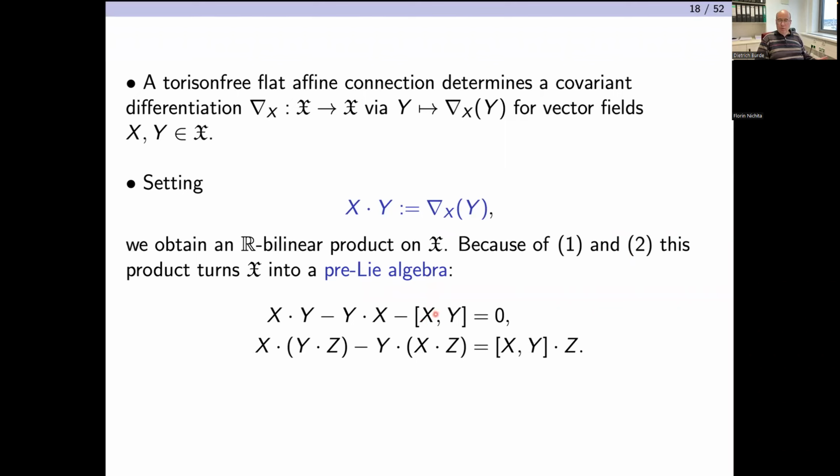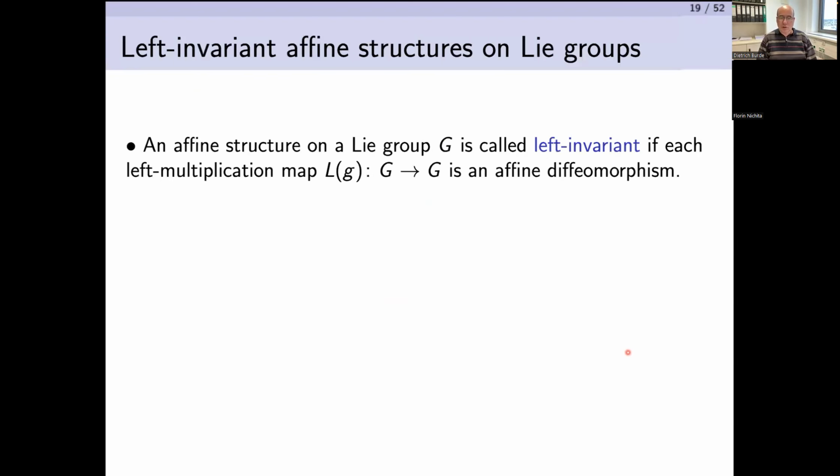And if you remember, these were exactly the two identities. So somehow this is a very natural construction from this kind of manifolds where you end up again with pre-Lie algebras.